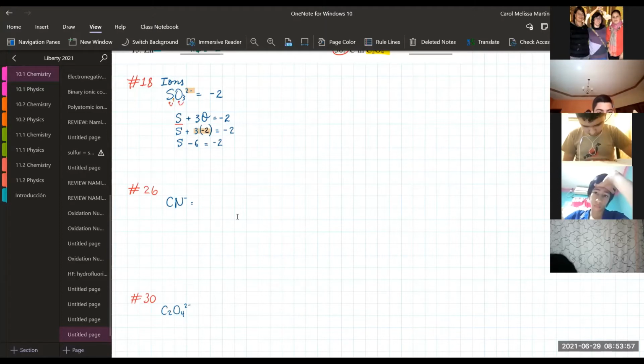Now, this negative 6 is subtracting. When you move it to the other side of the equal sign, it's going to be addition. So in the end, sulfur is equal to negative 2 plus 6. How much is this?